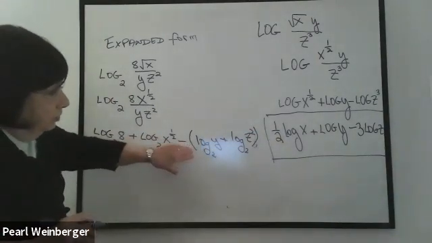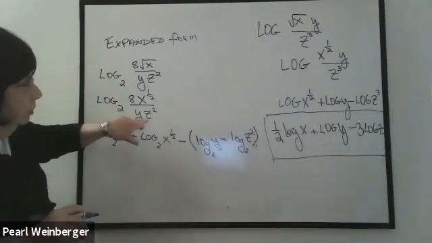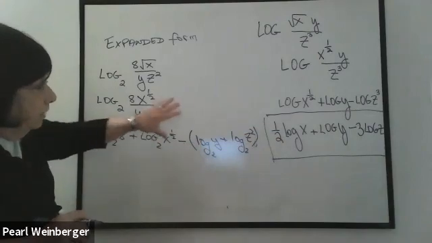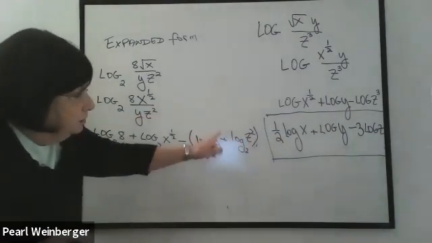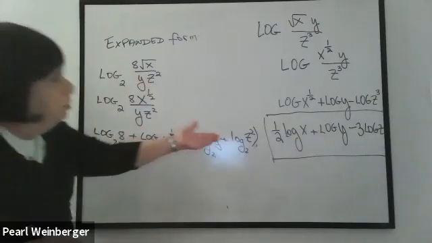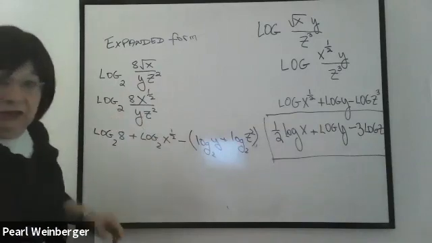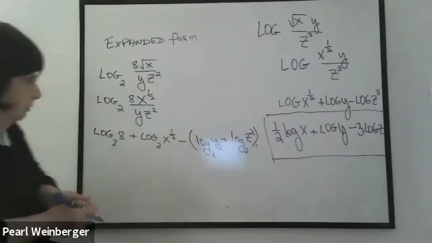Notice I had to put this in parentheses because not only was the y in the denominator, also the z squared. If I had not put in the parentheses and had just put in plus, it would have looked like I'm multiplying the whole thing by z squared. But I'm not. I'm really dividing by the z squared because it's in the denominator.